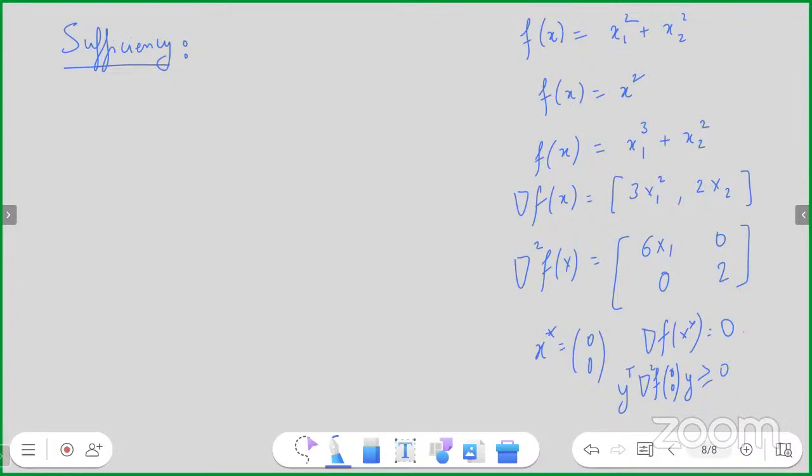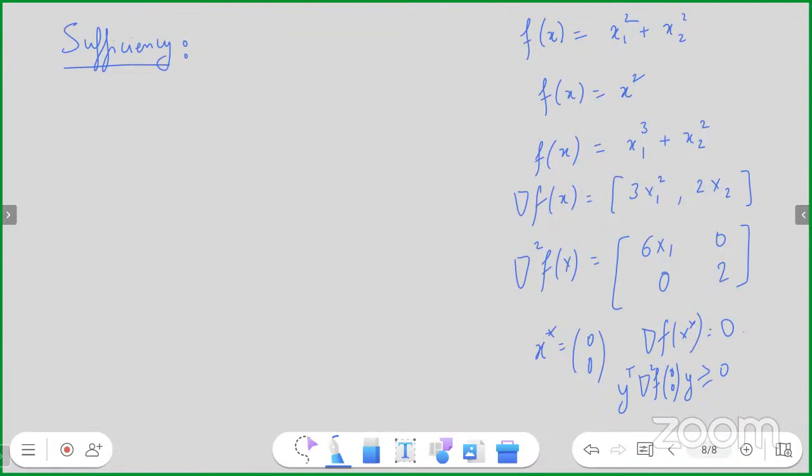So what are you saying? Punchline: the local minimum is there at 0, 0. Why is it not there at 0, 0? Because if we fix x2 as 0, then the function behaves as x1 cube along that axis. It is strictly decreasing.